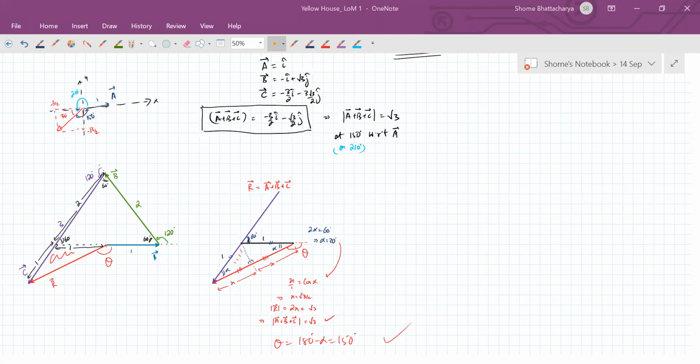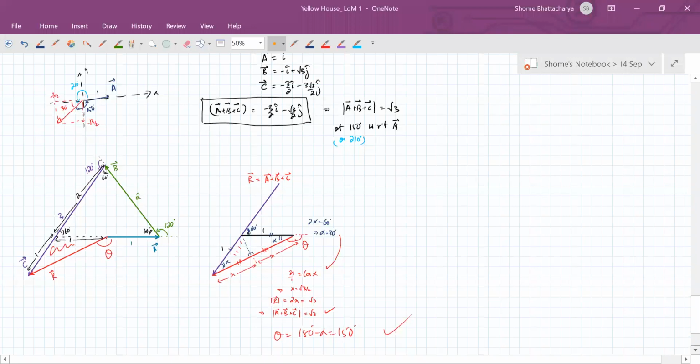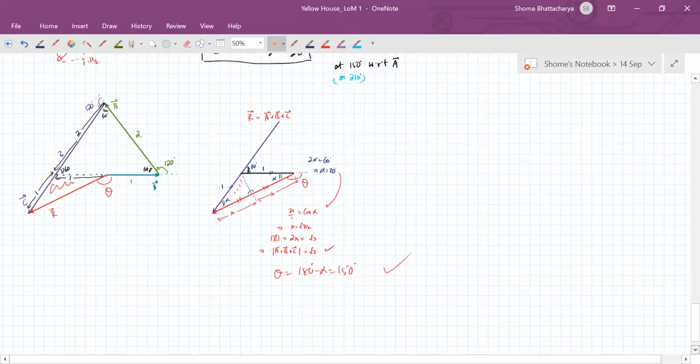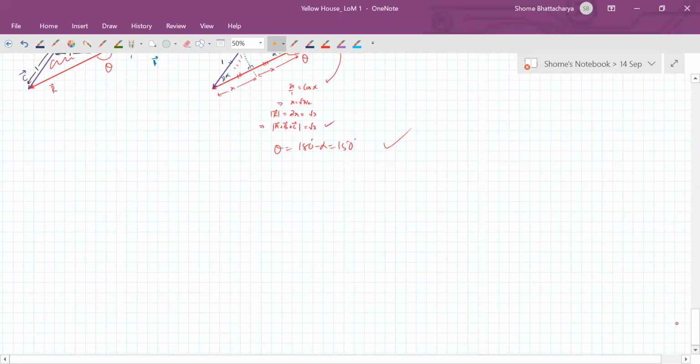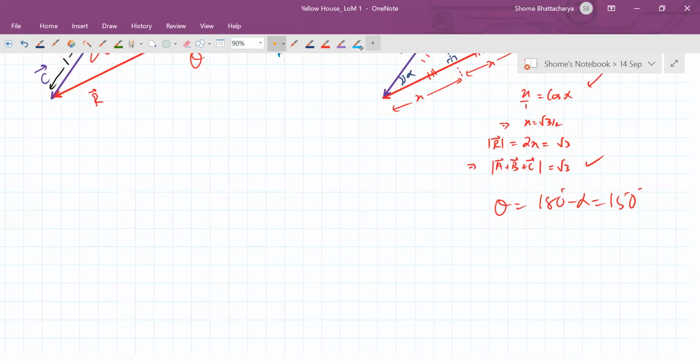Okay, so what about exercise 2, question number 2? Have we solved this question previously, or is it pending? Exercise 2, question number 2.